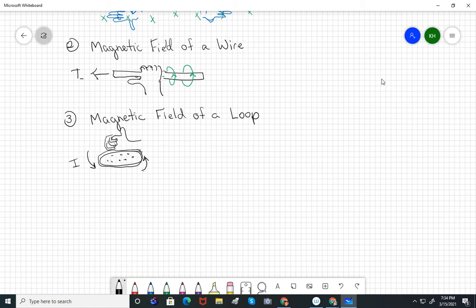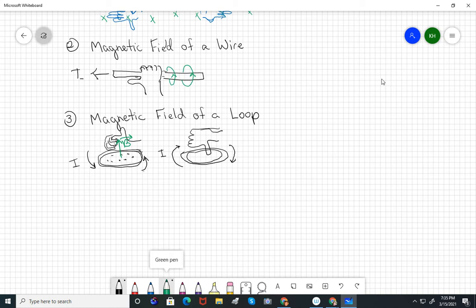But in order to curl them this way, that tells me that my magnetic field here points straight up. There's the value of V. Similarly, if I had a loop, somewhat horizontal, and I reverse that current, so now the current is going this way, in order to curl my fingers with it this time, I would have to curl them this way, and my thumb would be pointing down.